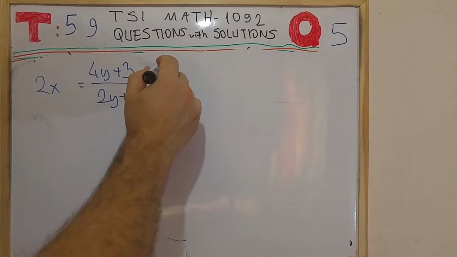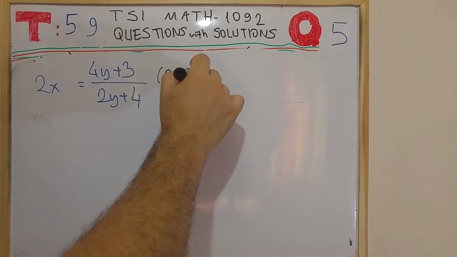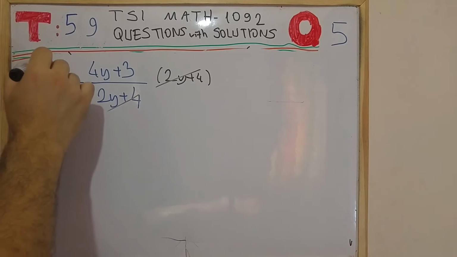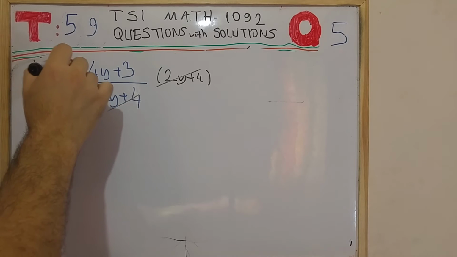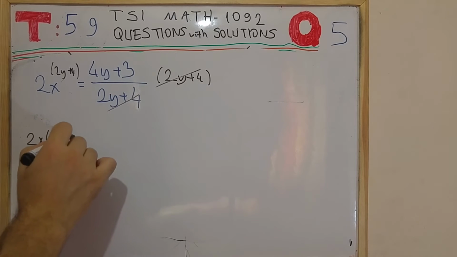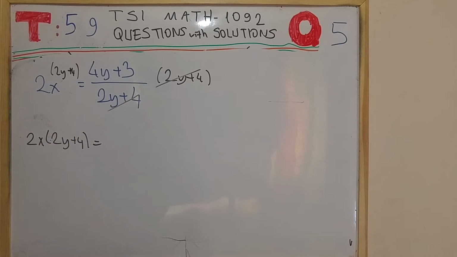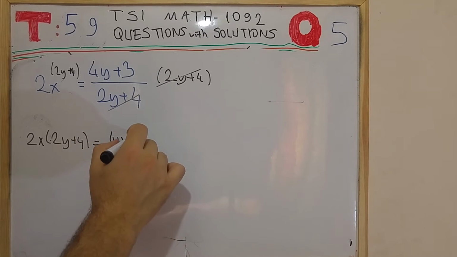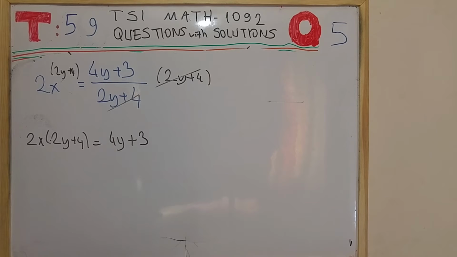Let's multiply each side by 2y plus 4, so these will be gone, and this is also times 2y plus 4. So what I have here is 2x times (2y plus 4) is equal to 4y plus 3 now. Let's expand the parentheses.